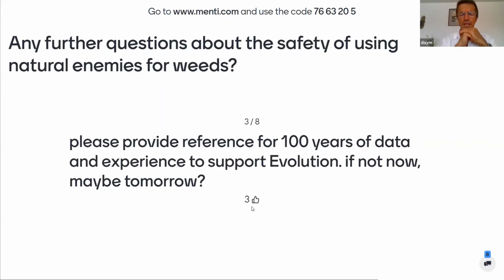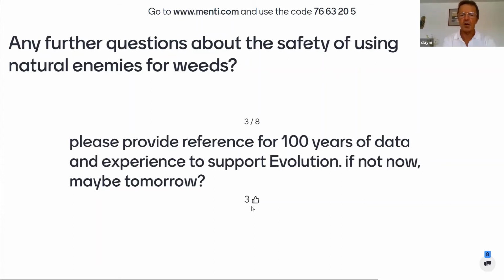And the other point I want to make about evolution is this: evolution actually works to make insects, or any animal, more specialized. So think about this. If you had an insect which is a generalist and it eats a lot of plants, it's got to have all those resources and all those senses to be able to recognize all those plants. But it also needs to have all those enzymes to be able to process those plants.